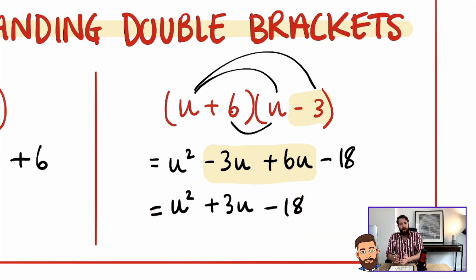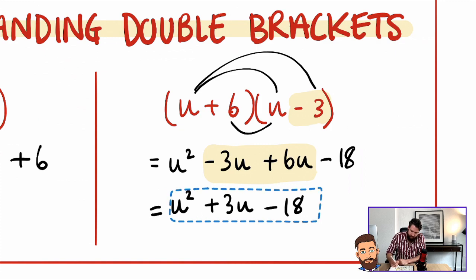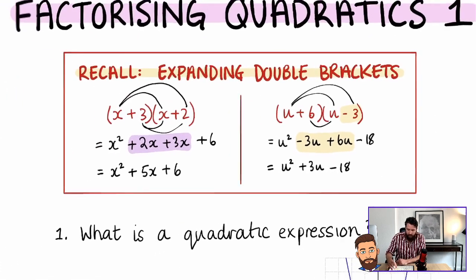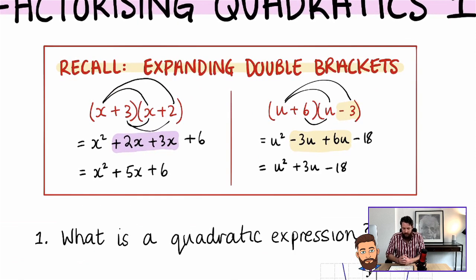And that one's a little bit harder because you've got positives and negatives. And as always in maths, as soon as you start having a mixture of signs, things become a little bit more difficult. Not impossible, but you have to be a little bit careful when doing it. Okay, so that's the sort of preface to all of this. We're basically going to do the opposite of what we've just done there.